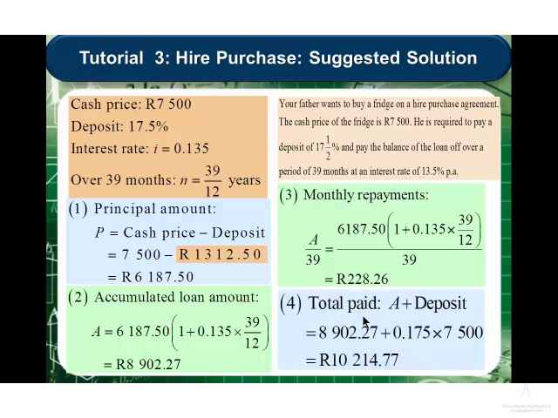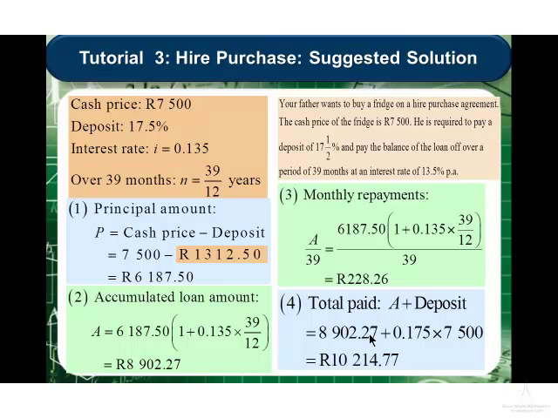In the final part of tutorial 3, we were asked to actually give the total amount that was paid back in this case. So the total paid over the loan period will be the deposit plus, of course, the accumulated loan amount.